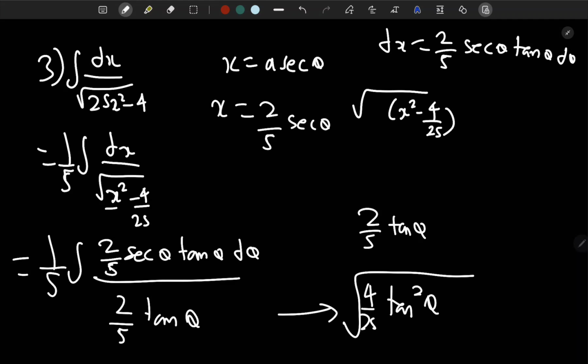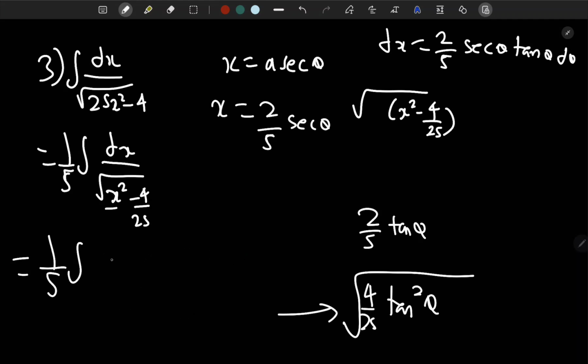So that's always the first step that you need to do, simplify the denominator. And now we can cancel out 2 over 5 over here, we can cancel out tan, and all we have left over is just secant delta, right? So let me just write it again, secant delta d delta.